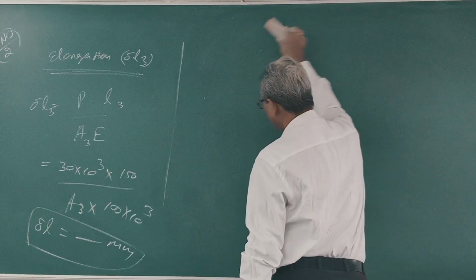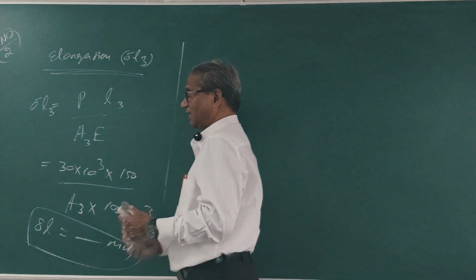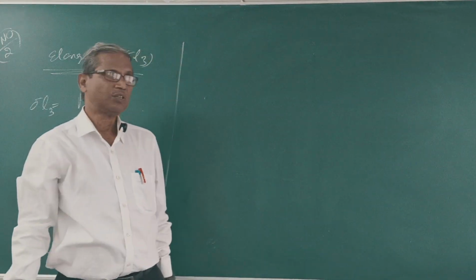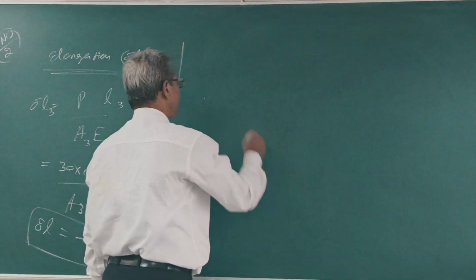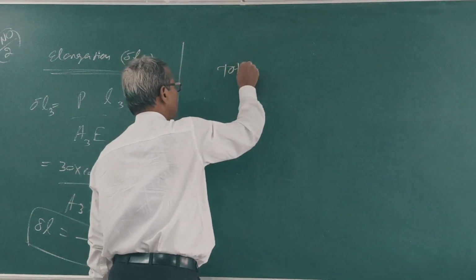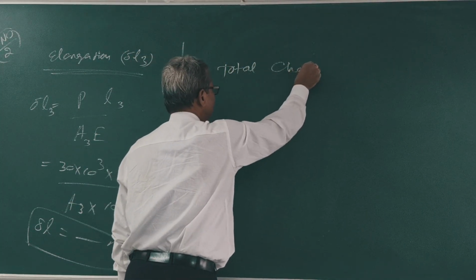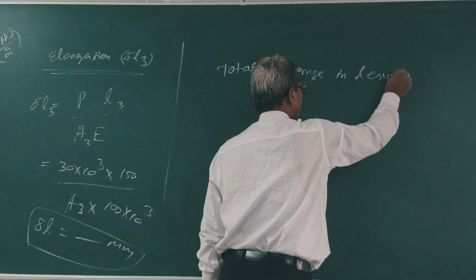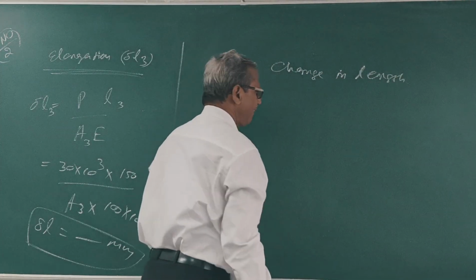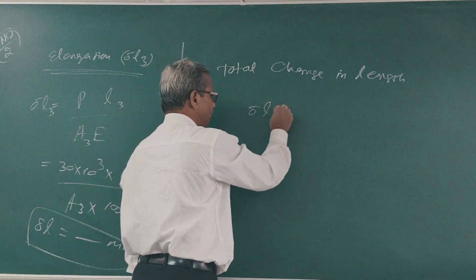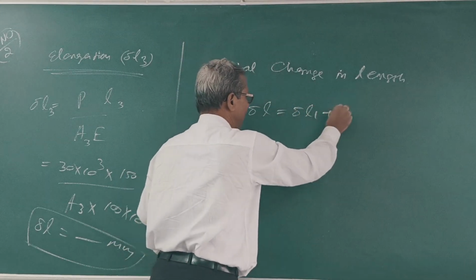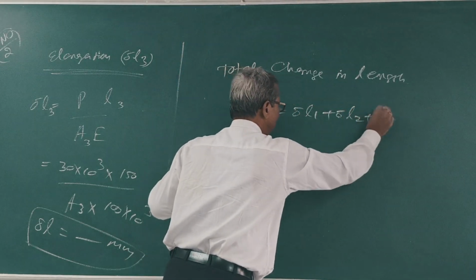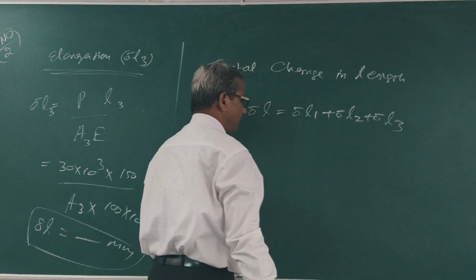Then total change in length, delta L. Delta L is equal to delta L1 plus delta L2 plus delta L3. Clear?